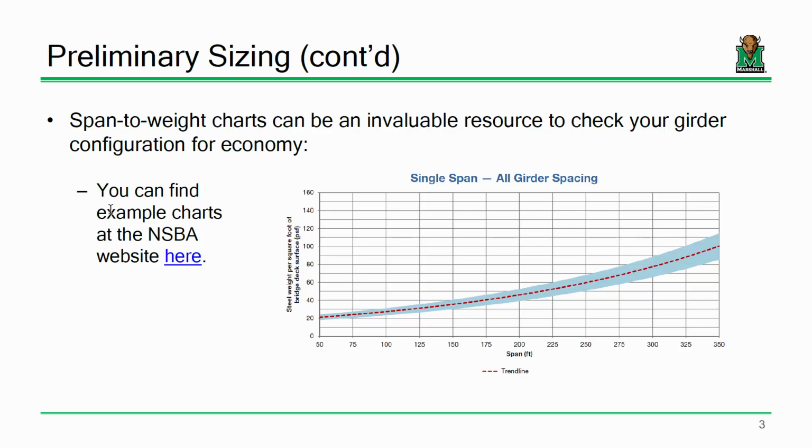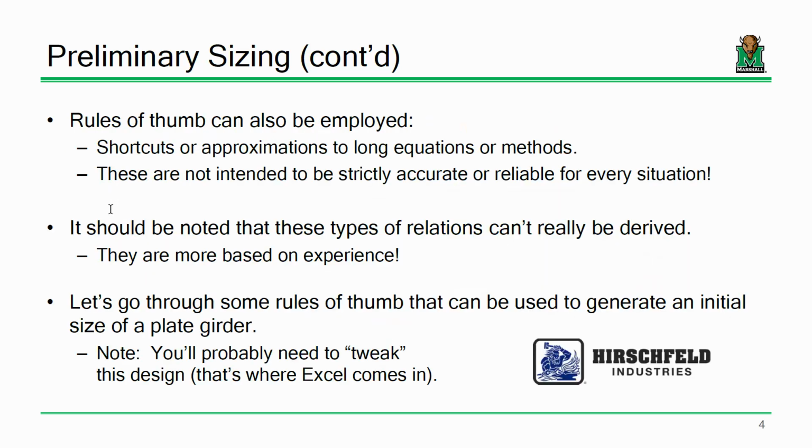So if you're looking at a 200-foot span bridge, then your girder weights could be anywhere from here to here, and that red dashed line is a trend line, something you can use for prediction. I'll leave you to review that to your heart's content. I think it's a good idea that you all go to that website and check it out. We are doing a bridge project in here, so the National Steel Bridge Alliance is probably a good resource.